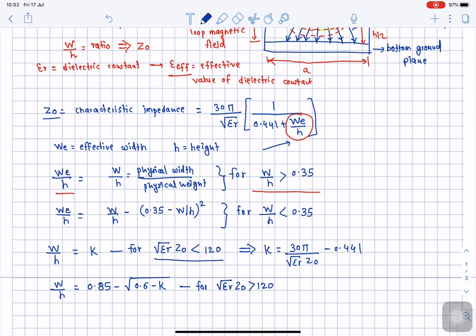Okay, so either way we can analyze the circuit or we can synthesize the circuit. Once you know the dimension of the strip line, you can calculate the characteristic impedance, or on the other hand, if you know the characteristic impedance and dielectric constant of the construction, then you can synthesize the dimension of the strip line. Okay, so this is all about the strip line.